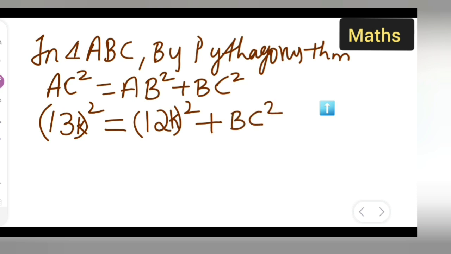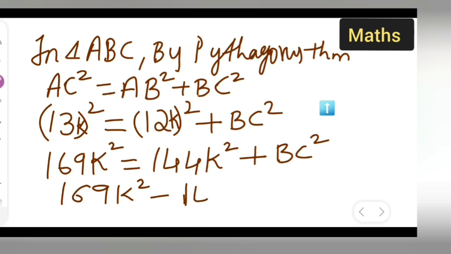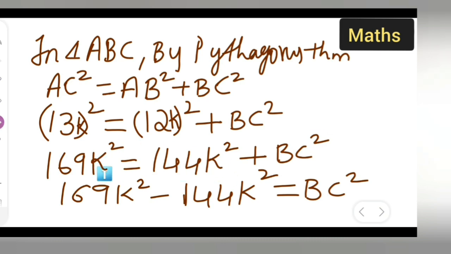Now 13k square is nothing but 169k square, is equal to 12k square, which means 144k square, plus BC the whole square. Now take 169k square minus 144k square is equal to BC square. I have brought this term to the other side, so it becomes minus 144. Subtracting, I will get 25k square.